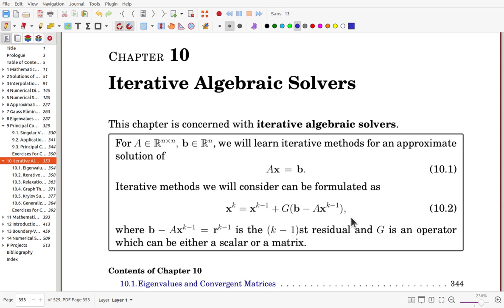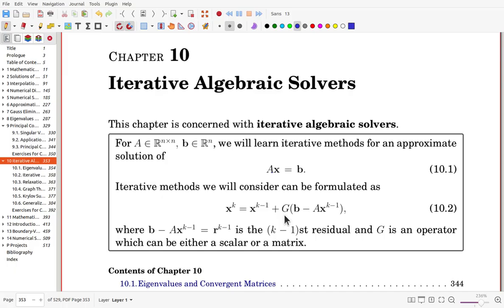Starting from an initialization x0, we try to update the iterate so that the iterate xk is converging to the desired solution x.